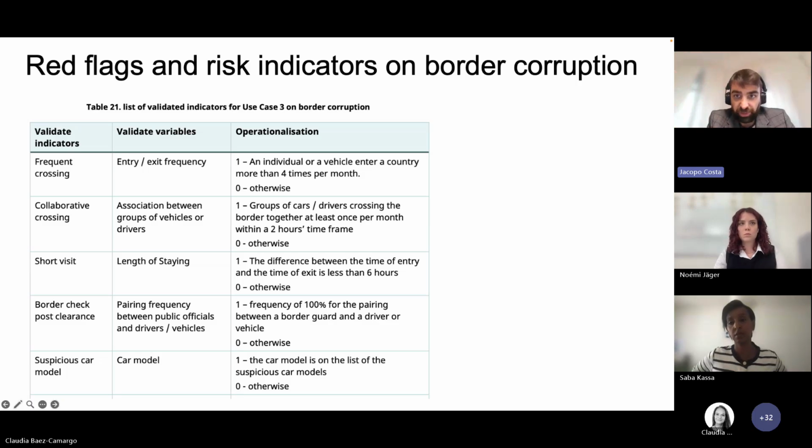So basically, we, as the FALCON Consortium, arrived at putting together these 5 different indicators. This is just to give you an overview of what we have done until now while analyzing this specific typology of corruption, that is border corruption. I will leave the floor now to Claudia, Saba and Noemi for the next part of the presentation. Thank you.